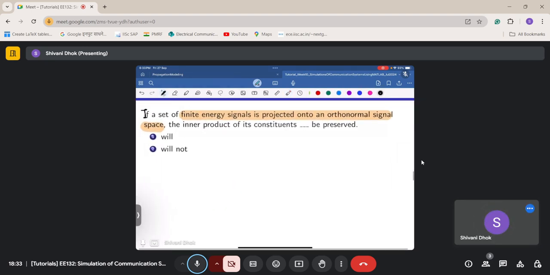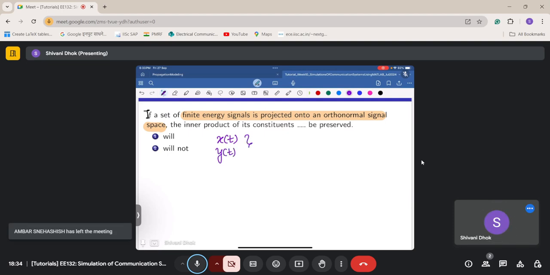So let's say we have two signals, x(t) and y(t), both of them finite energy signals. And it says that we can project them onto an orthonormal signal space.